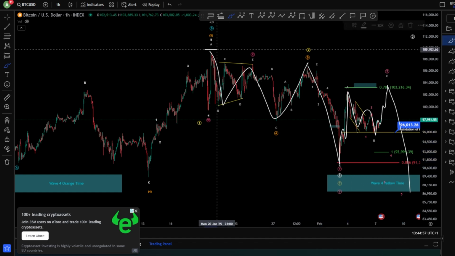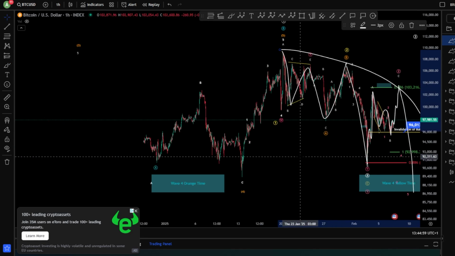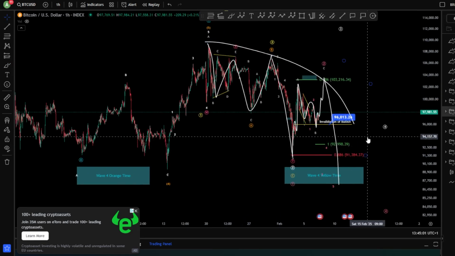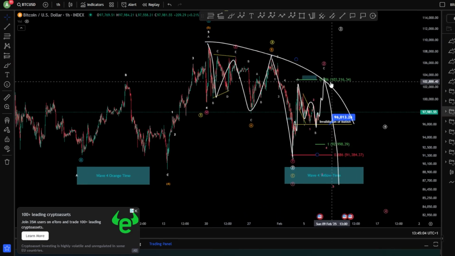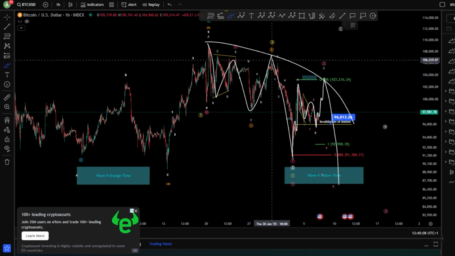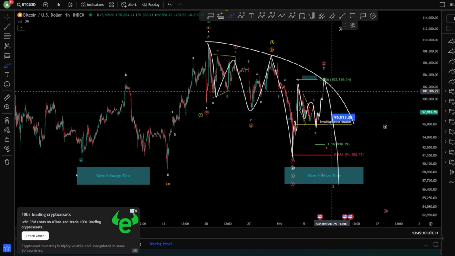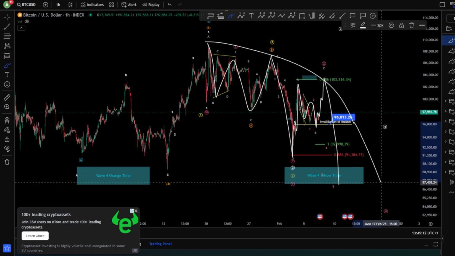And for the momentum of this impulse toward the downside, it can also be very perfect. Even if we touch the 100K again, 103K even again, with this wave C towards the upside, it's still very, very big momentum for the bearish scenario.